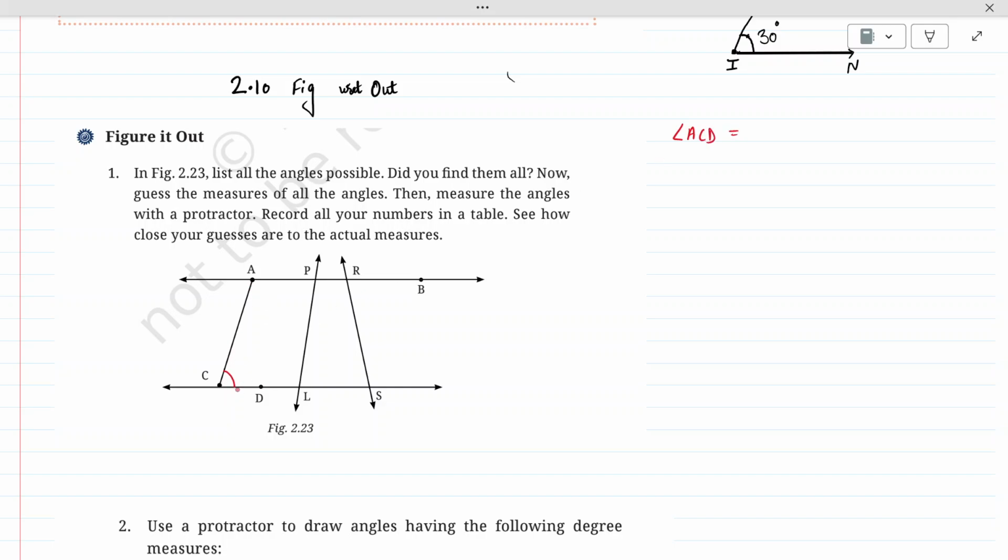ACD, this angle. So if we have to measure this angle using a protractor, we will keep the center of the protractor at the vertex and one line of the protractor at the base CD, and then we can measure where the other ray AC is going.